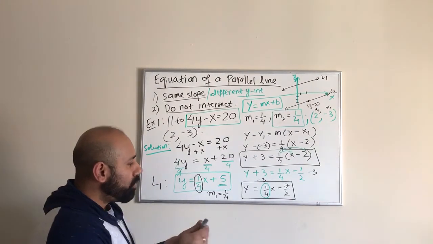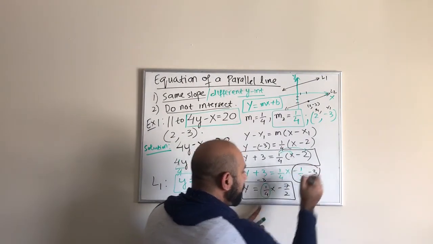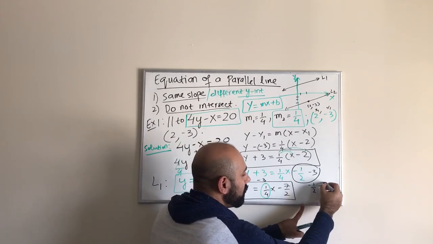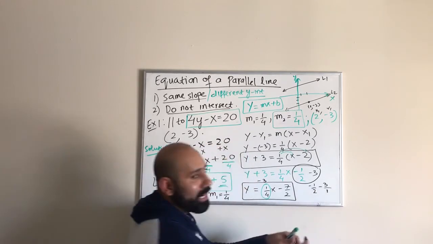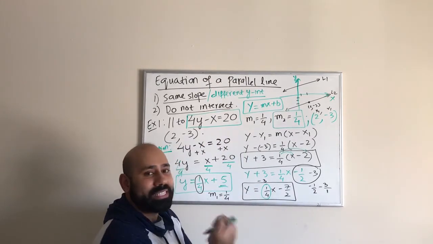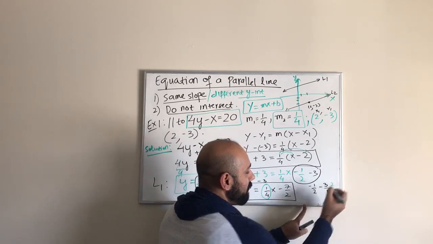Guys, quickly, if you are wondering how I got that -7/2, I'm going to quickly show you how to simplify this. So I have -1/2 and -3. There's an invisible one here, that's what I like to call the invisible one. In order to combine these, we obviously have to have the same denominator. So how do we accomplish that? We multiply this by 2, multiply upstairs by 2, correct?